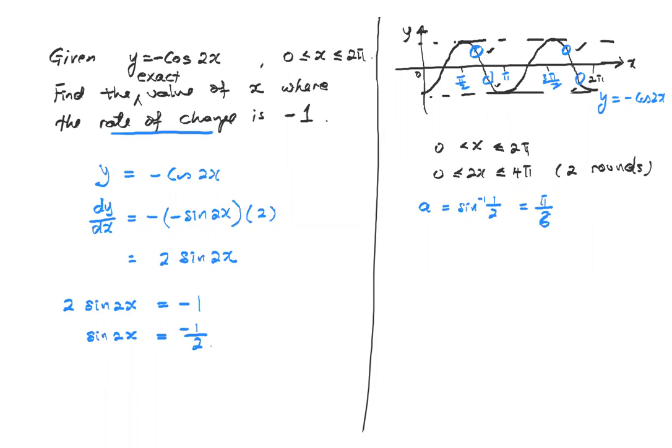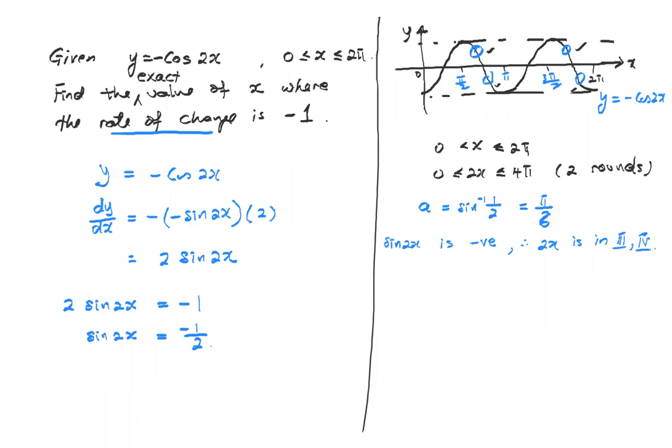Then you have to know sin 2x is negative, so 2x is in the third and fourth quadrant.